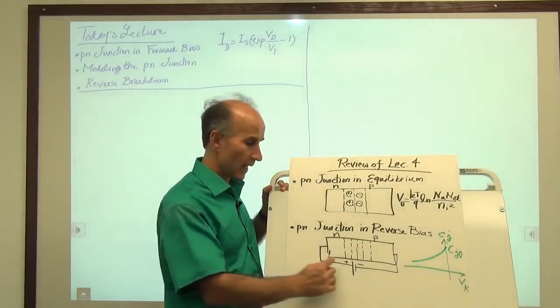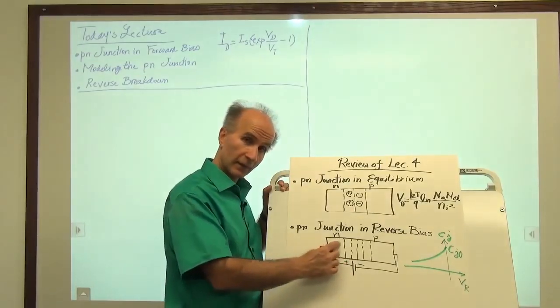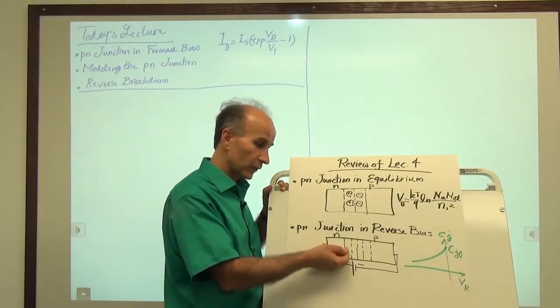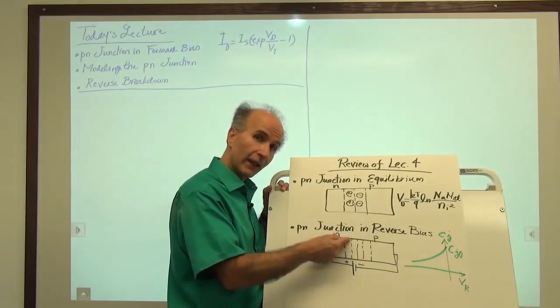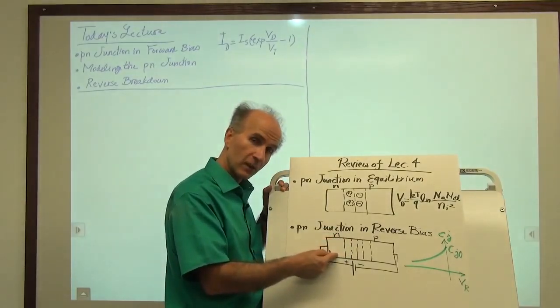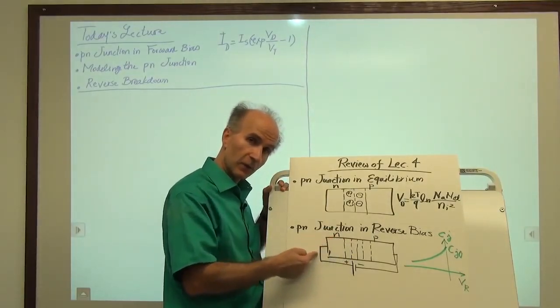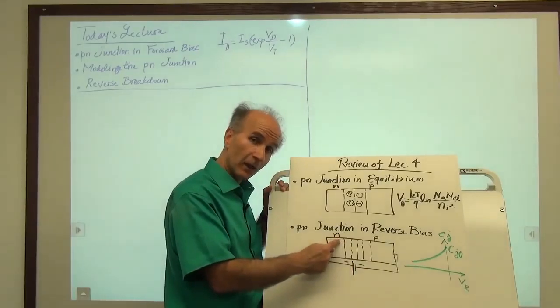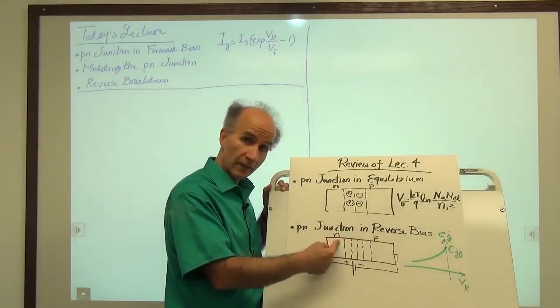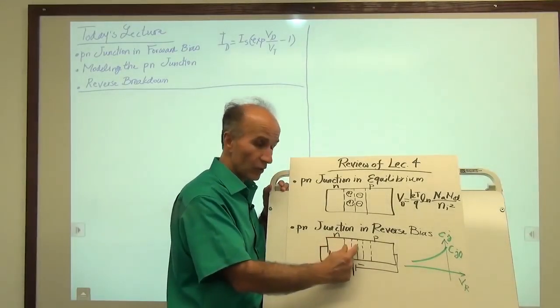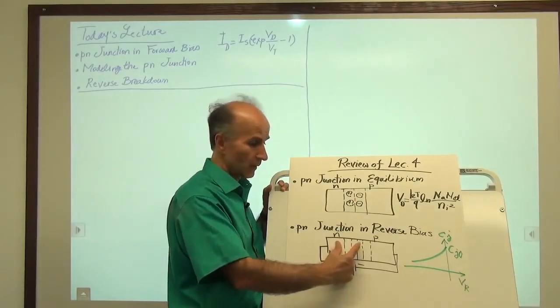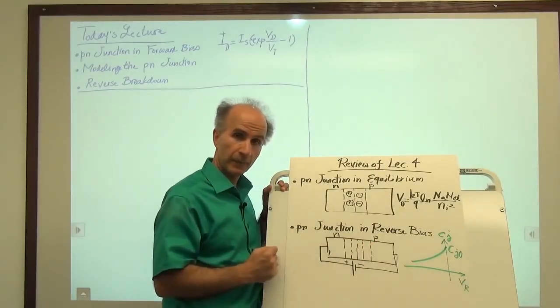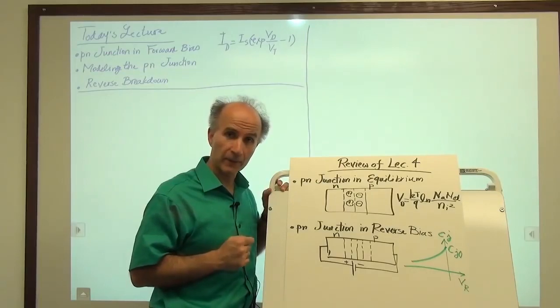And we saw that now that we have a positive voltage connected here, it wants to attract more free electrons from this region. So some free electrons go this way to the battery and leave behind positive ions. So the depletion region becomes wider. Similarly, on the P side. And that's really the only thing that happens.